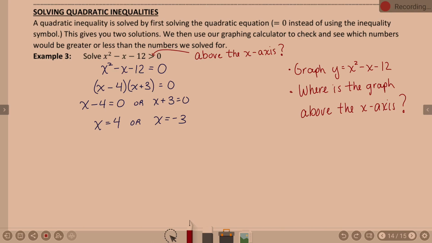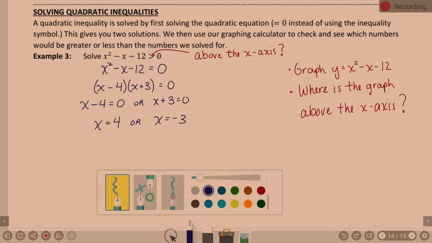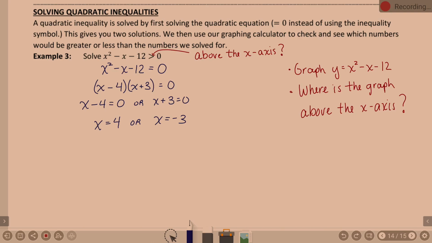This is where my timing is just slightly off. Does anyone graph this? What are you finding if you graph it? It's a parabola that crosses the x-axis at -3 and 4.